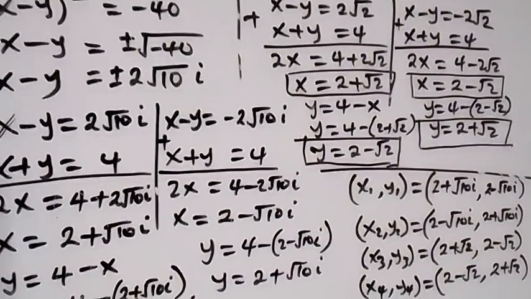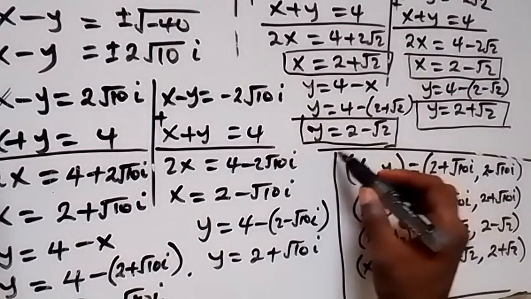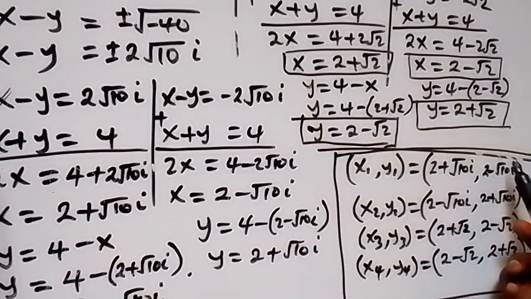So here, these are the solutions that we have from here. And when we look at this critically, we see that the value of x for the first solution is the value of y for the second, and they are interchanging like that.